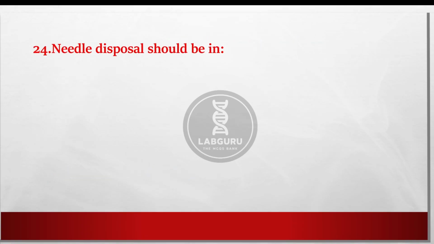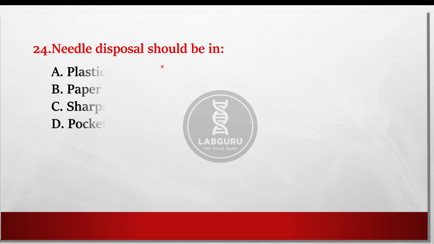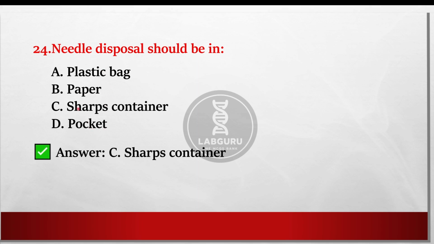Question number 24 you can see here. Needle disposal should be in: option A, plastic bags; option B, paper; option C, the sharp container; option D, pocket. Which of these will we use to dispose of a needle? The right answer is the sharp container.